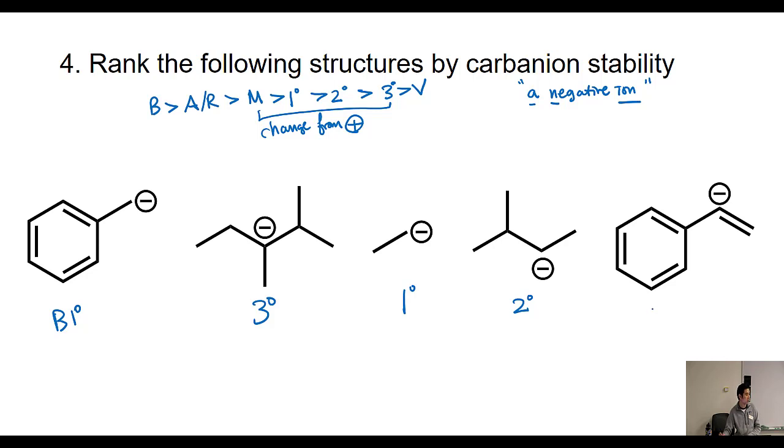It's kind of benzylic and vinylic, but it's going to be vinylic in this case because it's directly on the double bond. It's kind of weird, but it's going to be vinylic. Alright, so let's rank them, starting with 5 equals most stable.